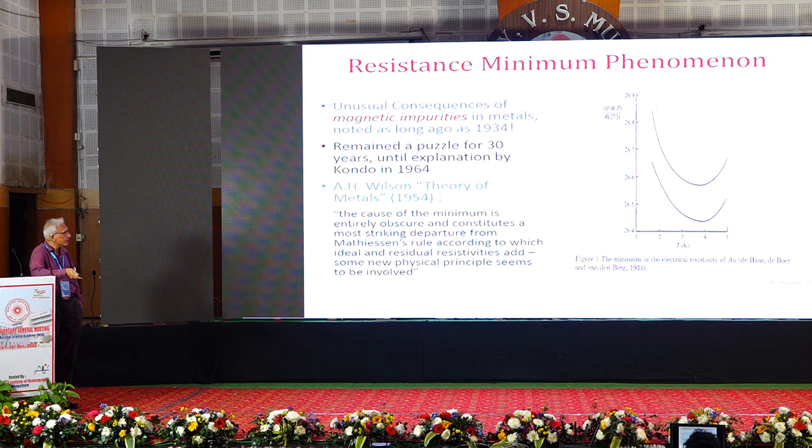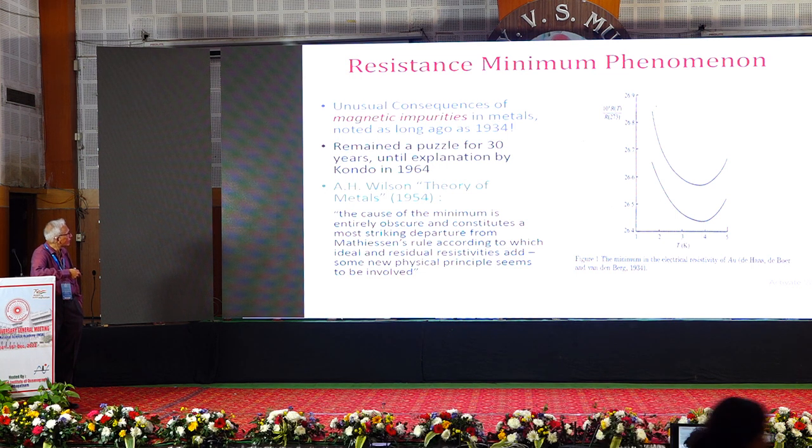People put magnetic impurities into metals as long ago as 1934 and noticed lots of unusual consequences. The resistivity of those materials doesn't flatten out and come to a constant at zero temperature as I just showed you, but has a minimum in the resistance and then starts going up as you go down in temperature. This remained a puzzle for 30 years until Kondo came up with an explanation, which I'll tell you about.